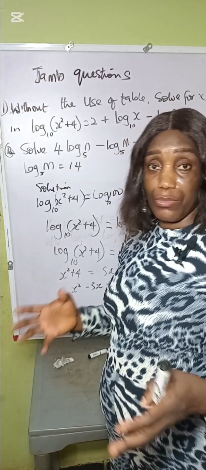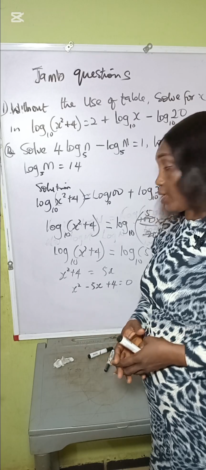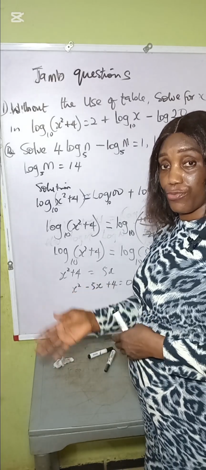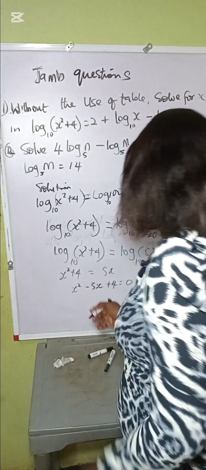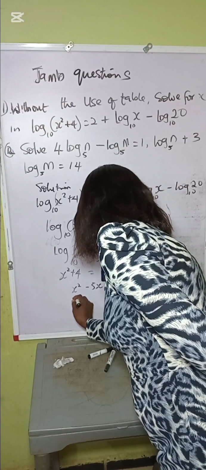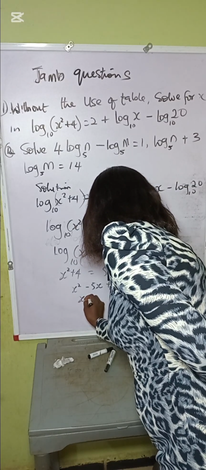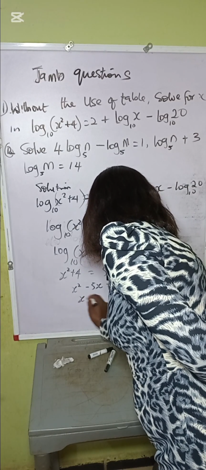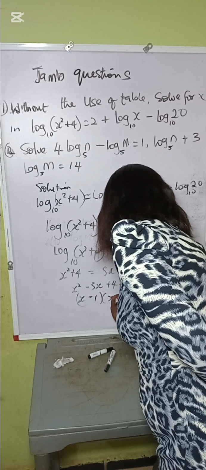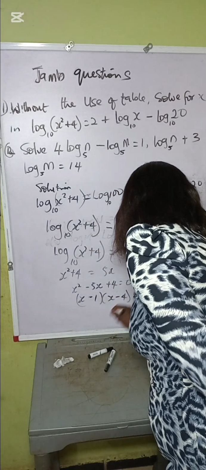Minus 1 times minus 4 will give us plus 4. And minus 1 and minus 4 is what? Minus 5. So it can be factorized. So their factors are what? x minus 1 and x minus 4, all equal to 0.